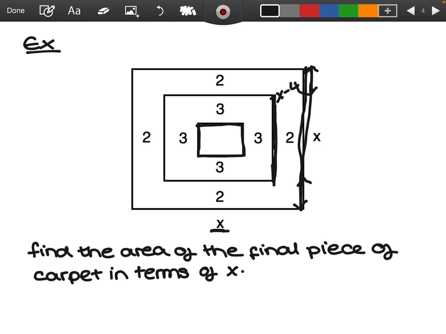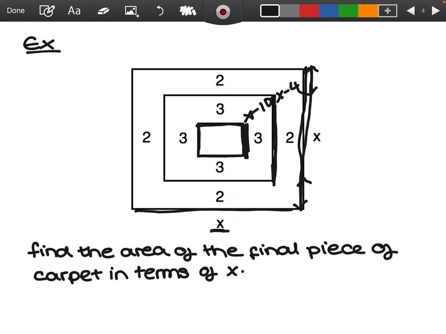Okay, we're going to apply that again to find this length here. Okay, I've now taken 3 feet away from the top and 3 feet away from the bottom. So I've got to subtract an additional 6 feet away from my width, which will give me x minus 10. Okay. Same happens with the bottom here. Remember, you've got a square carpet and you're actually taking away the same from each side.